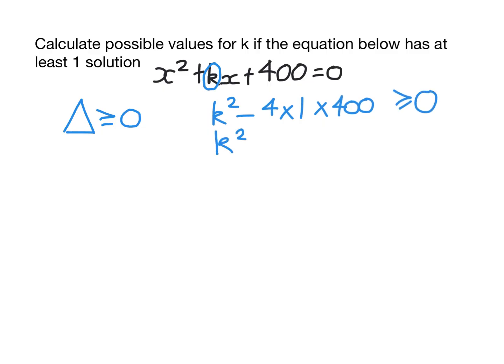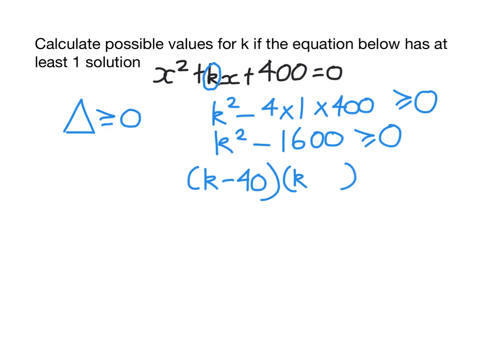So just cleaning that up a bit, 4 times 400 is 1600. Okay, so we can factorize this using the difference of two squares. So when you have a square minus a square, you get two brackets, square root the first, square root the second, one gets a plus, one gets a minus.